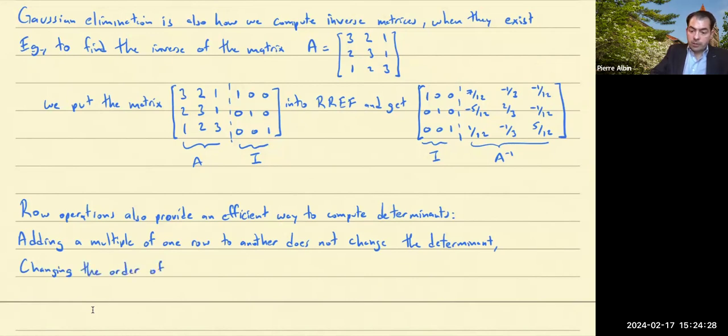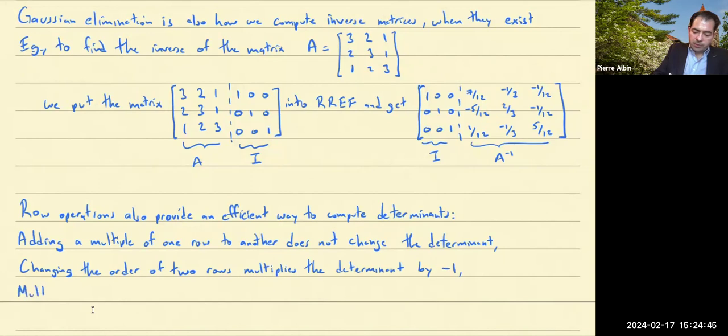Changing the order of 2 rows multiplies the determinant by -1.